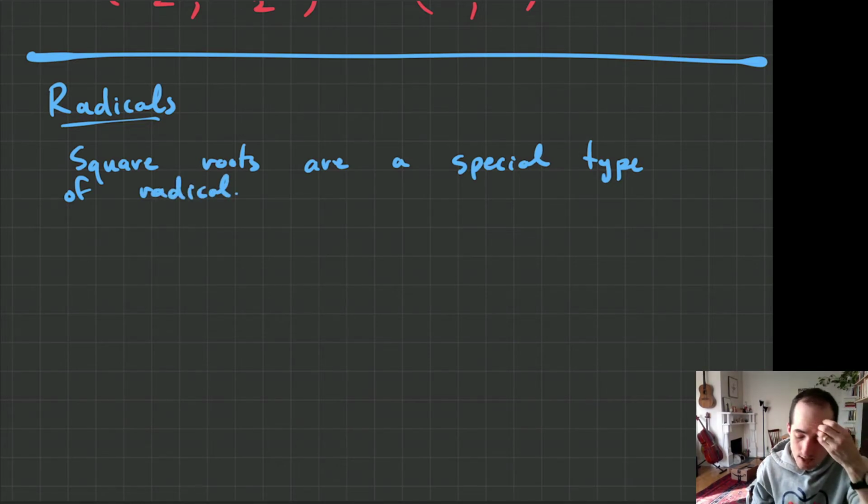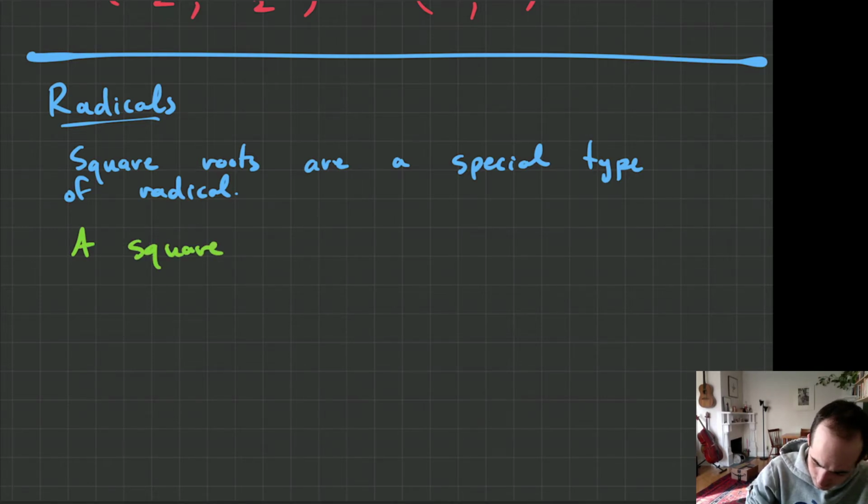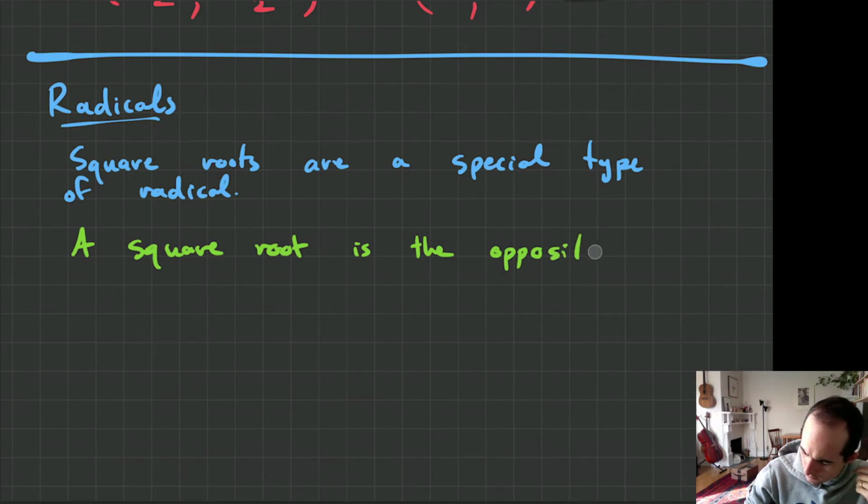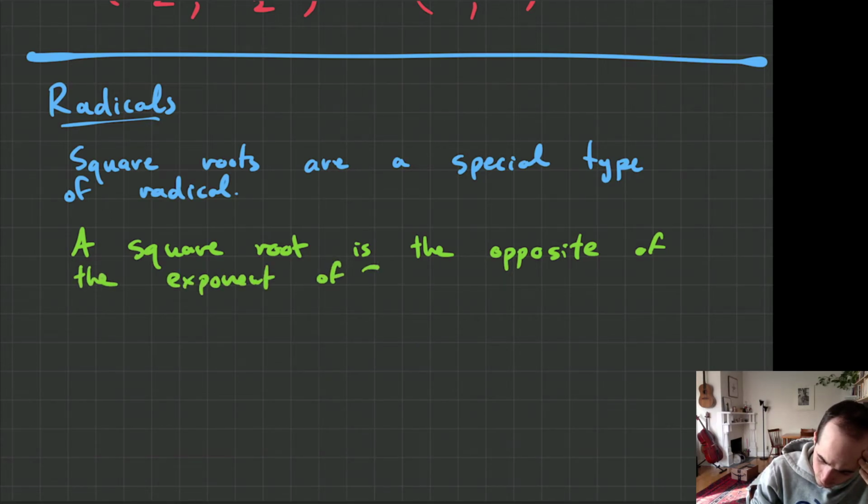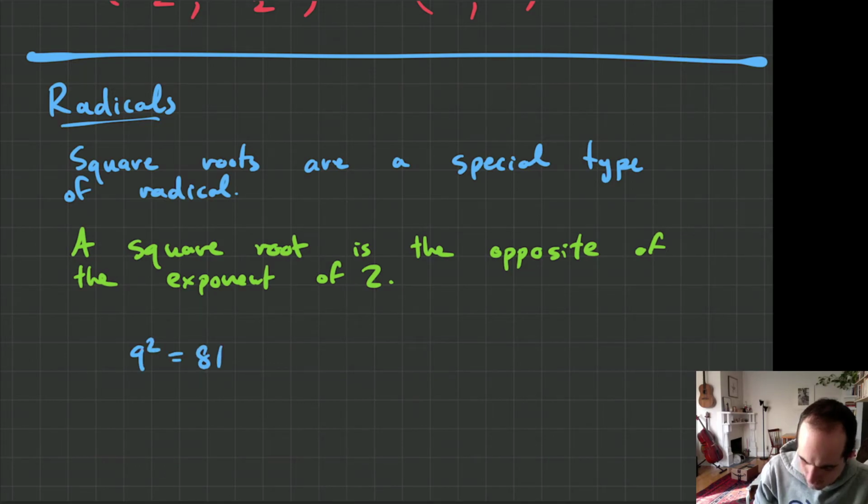Okay, so a square root is the opposite of the exponent of 2. Okay, so that is, if I know that like 9 squared is 81, that means that the square root of 81 is equal to 9.